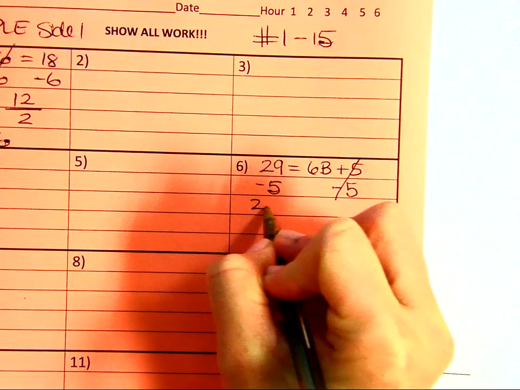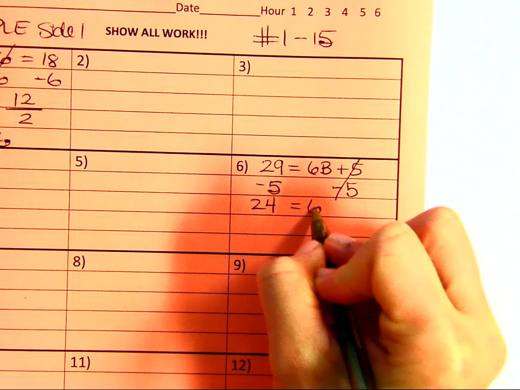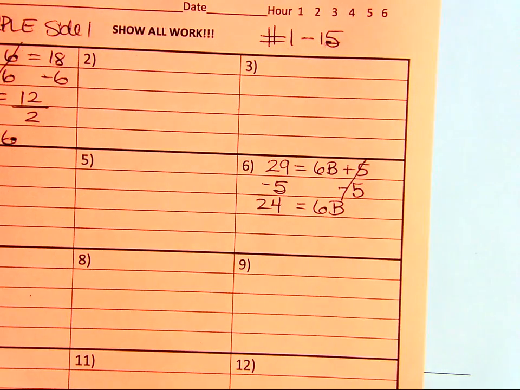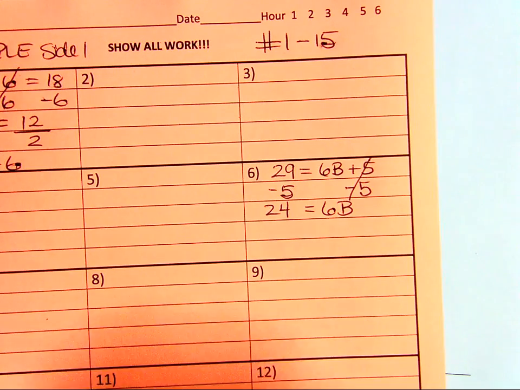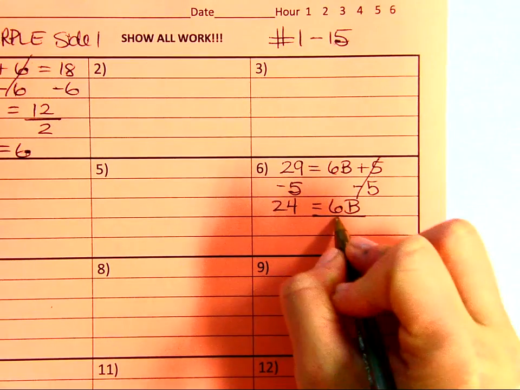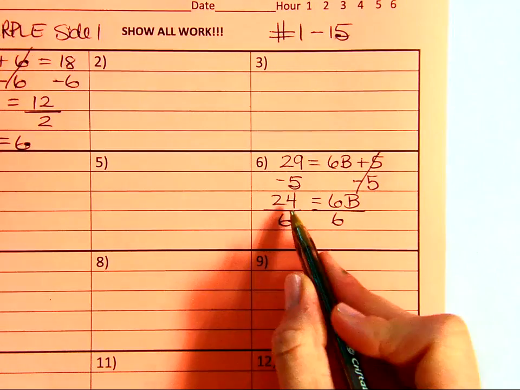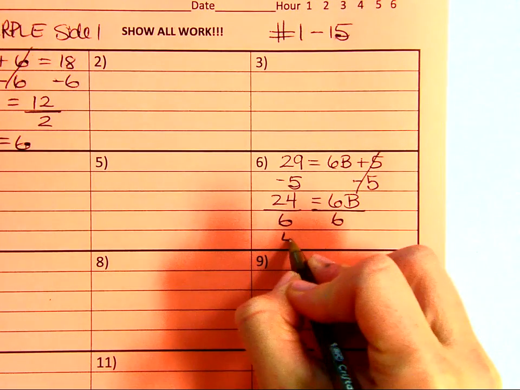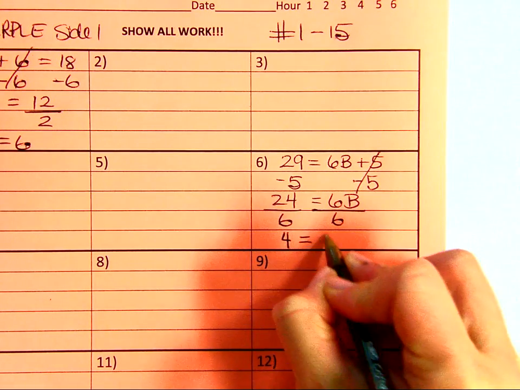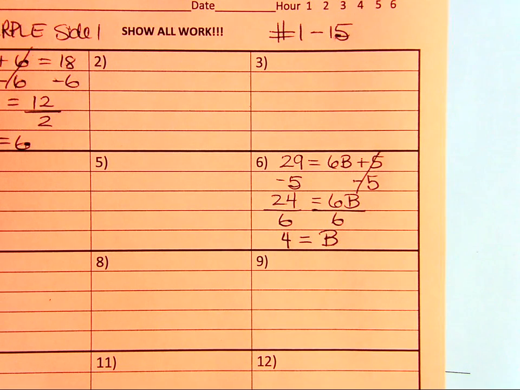So this is 24 equals 6b. Don't go moving things around on me. You guys got screwed up on the inequalities when you started moving the b to the other side, and you shouldn't have. So if b is on the right, just keep it there. It's not going to hurt you. So this is divide both sides by 6. 24 divided by 6 is 4 equals b. And just leave it like that.